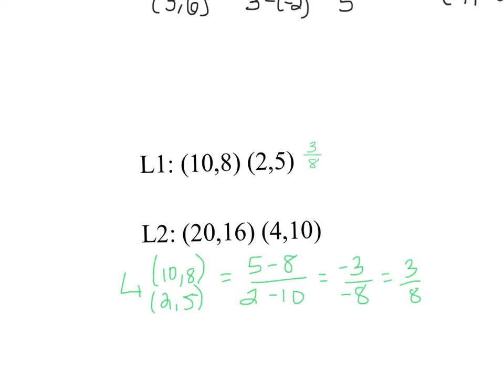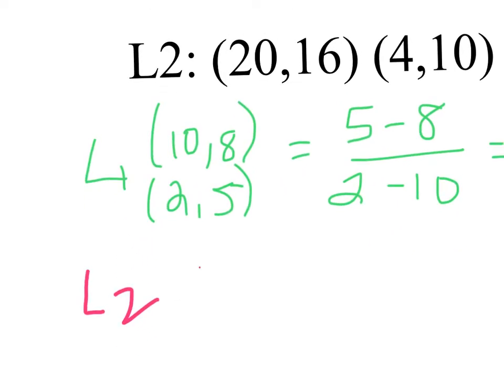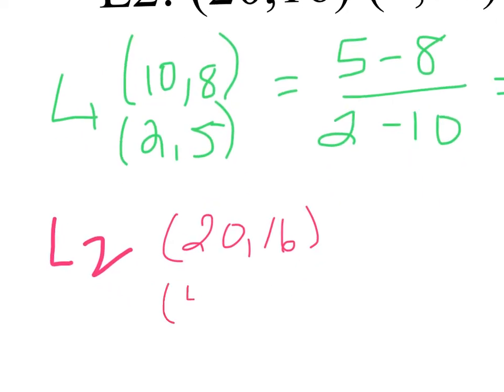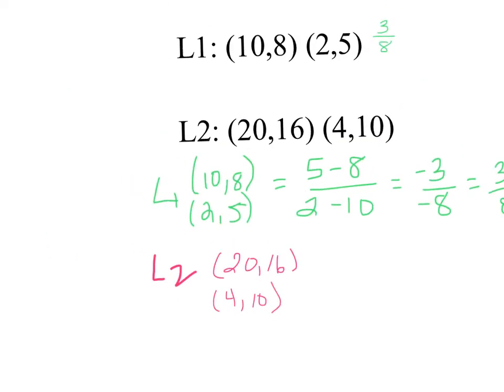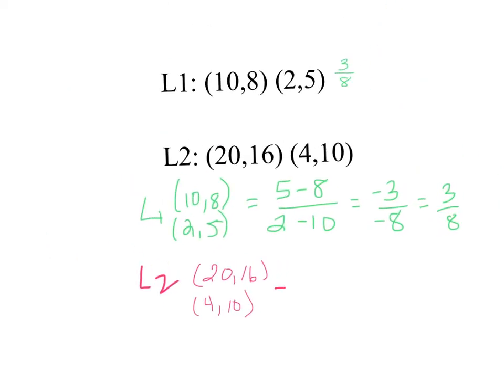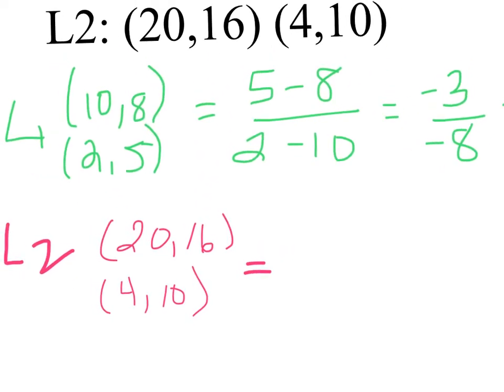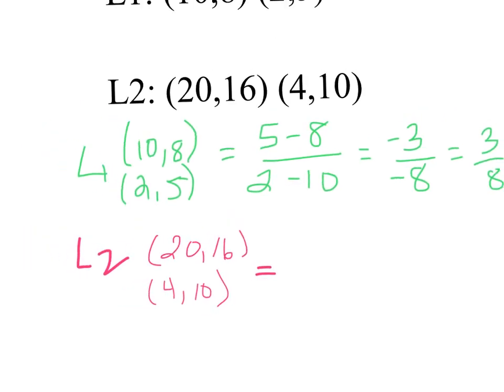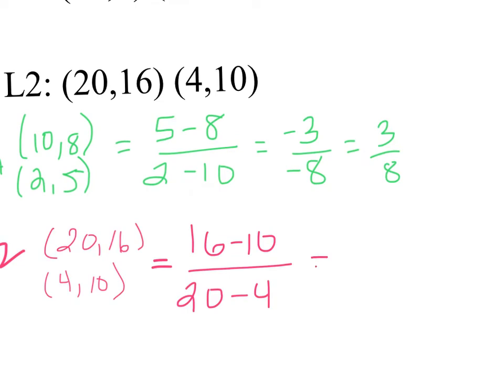Now if we do line 2, I have (20, 16), big numbers, no worries, and (4, 10). So let's say 16 minus 10, and then 20 minus 4. You guys agree? Okay, so I have 8 over what? Just kidding.